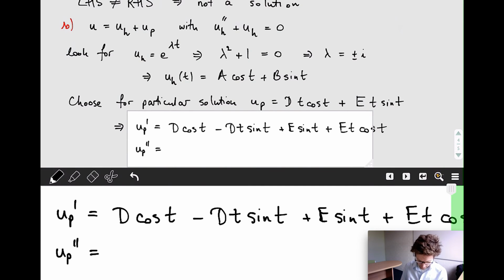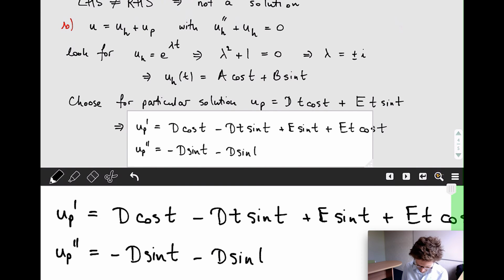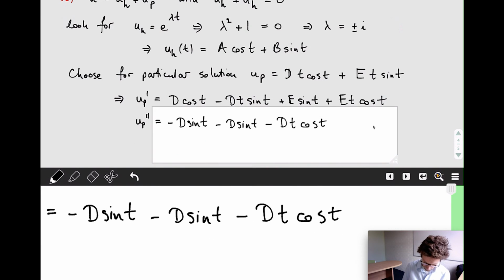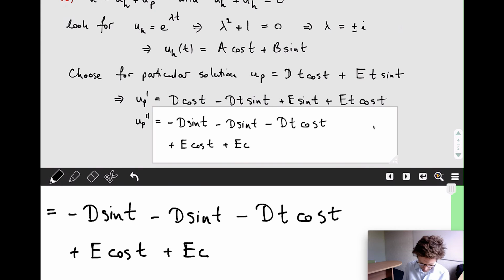So that's going to give me minus d sine t, minus d sine t, minus dt cosine of t, plus e cosine of t, plus e cosine of t, minus e times t times sine of t.